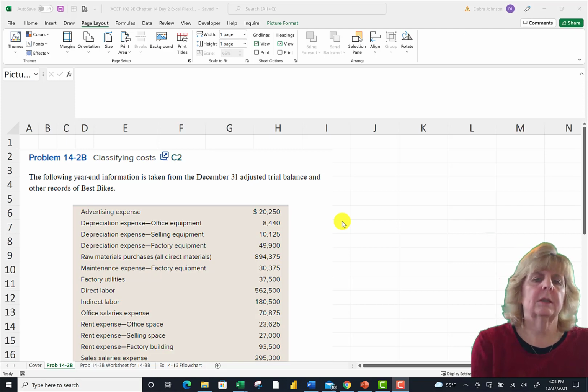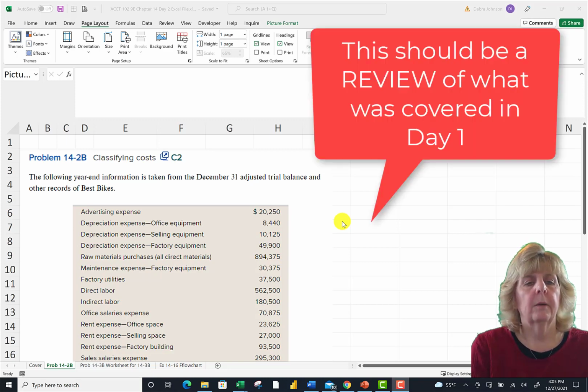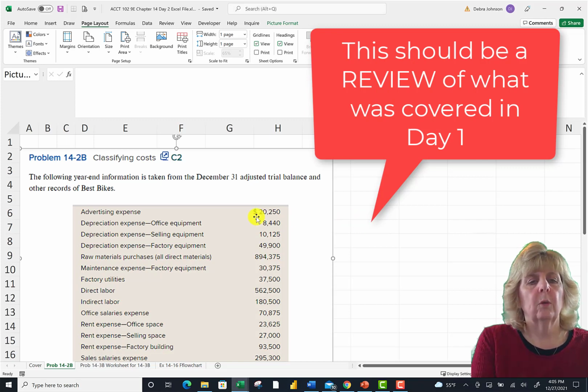As I mentioned, today is mostly a review of the concepts that we discussed last time. This problem may be a little bit more detailed than the last problem was. So we're going to do several things today. We're going to review how to classify costs. We listed that as one of the critical objectives of the chapter.